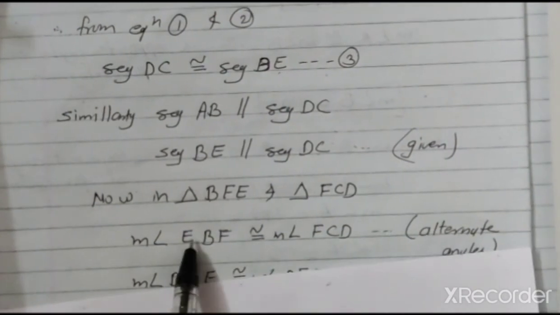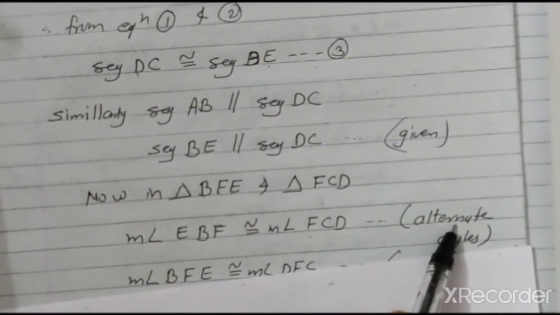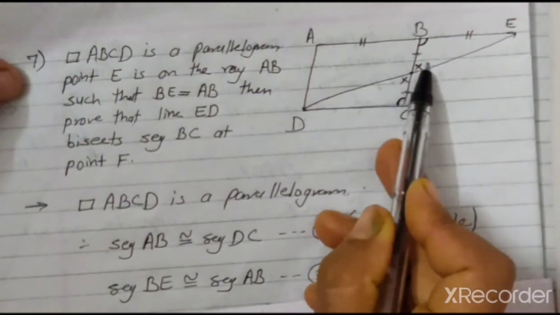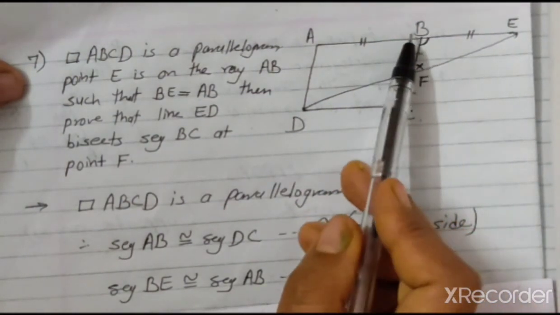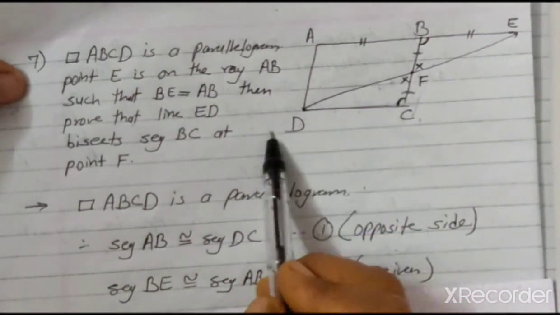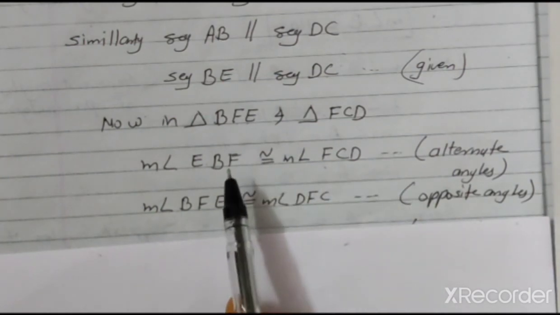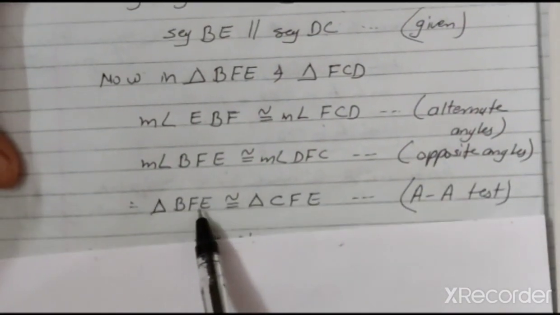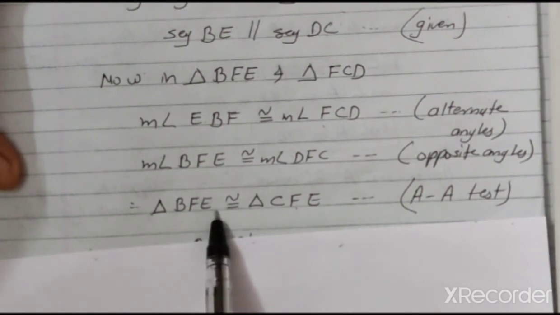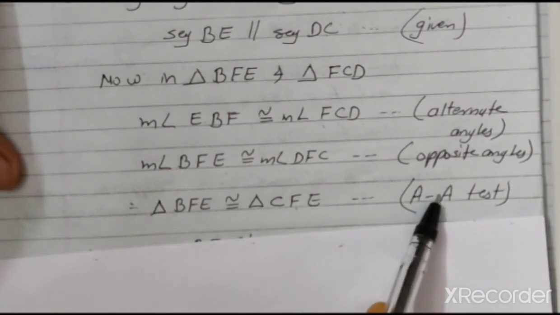In this triangle, these two angles are alternate angles. Similarly, these two angles are opposite angles. The name of first angle is BFC and the second is CFD. Therefore, by using angle test, these two triangles are congruent by using angle test.